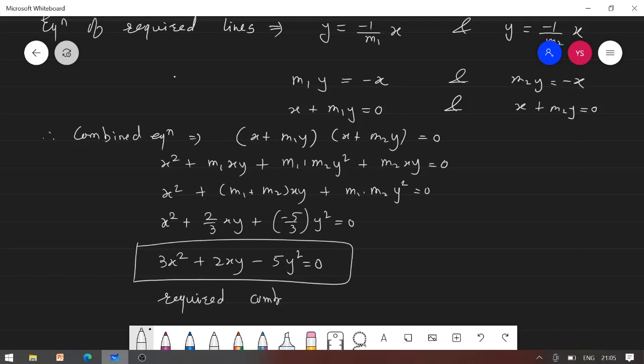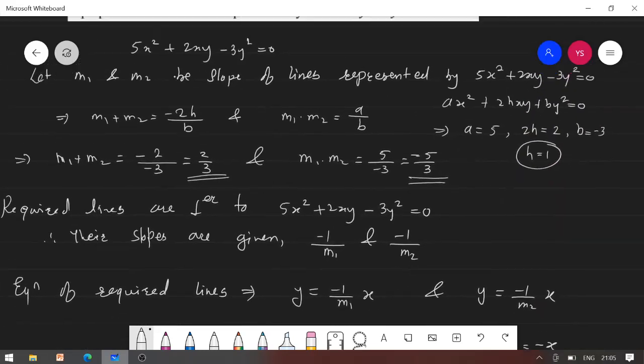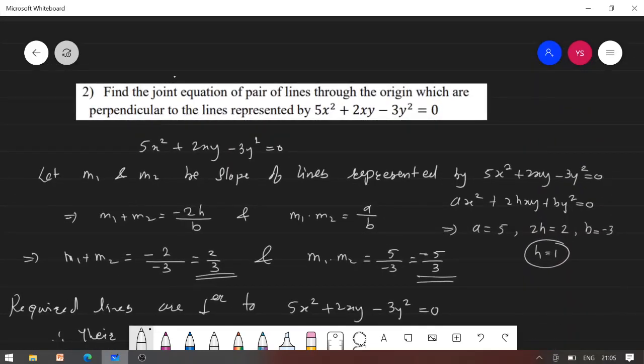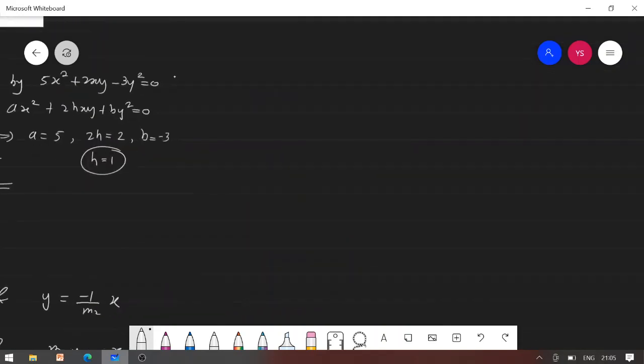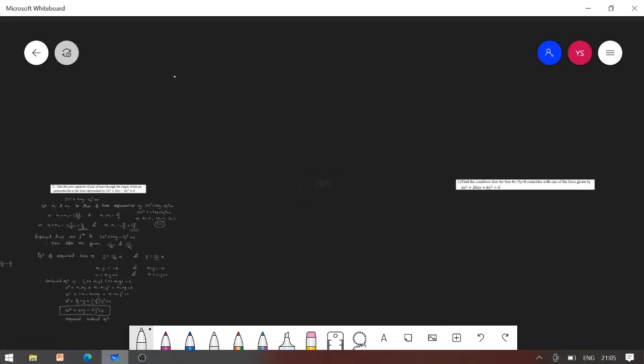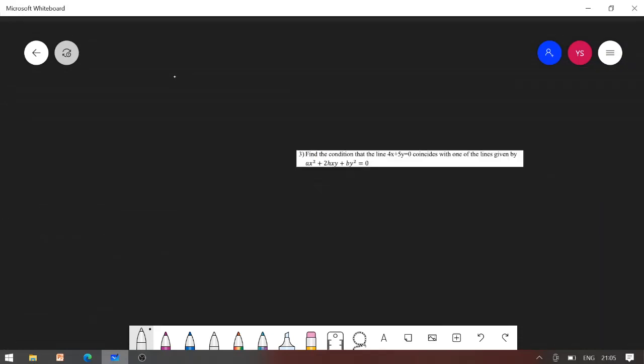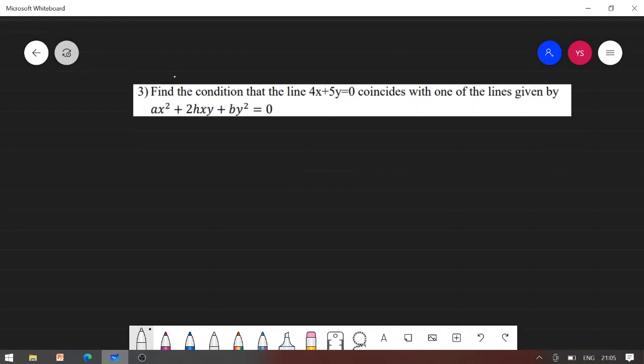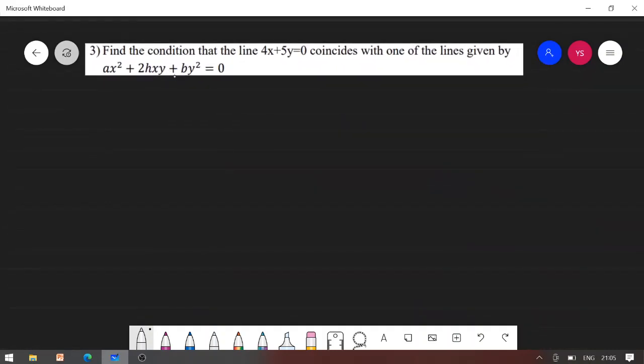Required combined equation. Now look carefully at the third sub question within question number 3. It is of the form: find the condition that the line 4x plus 5y equals 0 coincides with one of the lines given by ax square plus 2hxy plus by square equals 0.